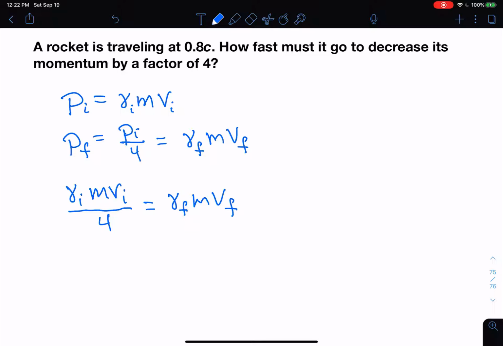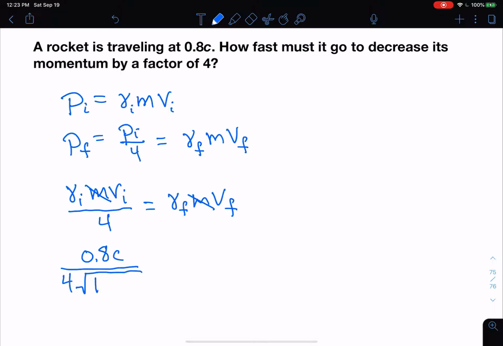Now, of course, at this point, hopefully it's rather straightforward to see that the masses cancel. We know V initial. We don't know gamma initial, but it depends on V initial. And again, we know V initial, so we can relatively quickly calculate the left side here. So let me put the values in. V initial is 0.8 c divided by 4.